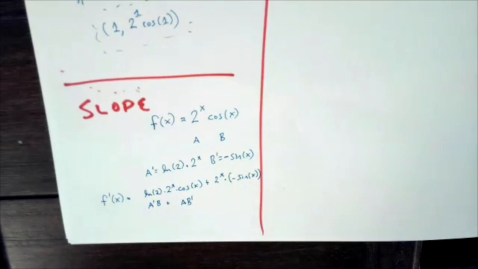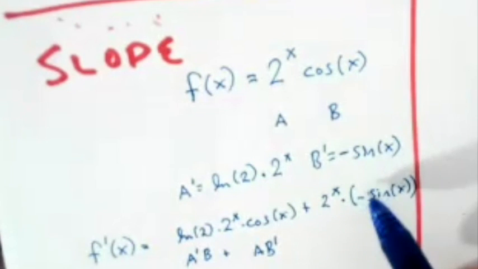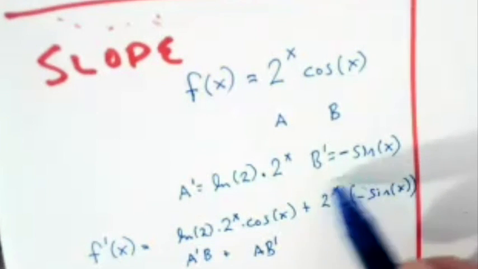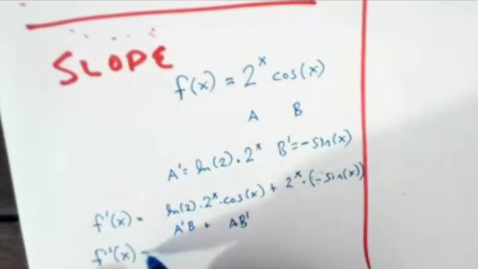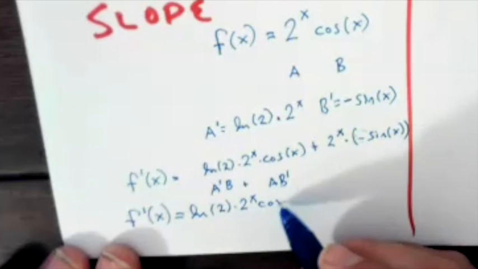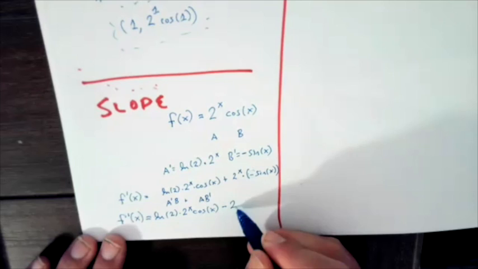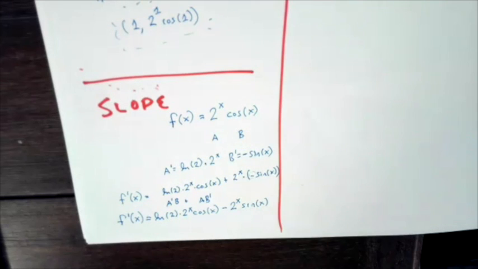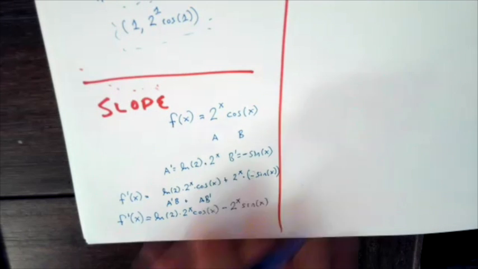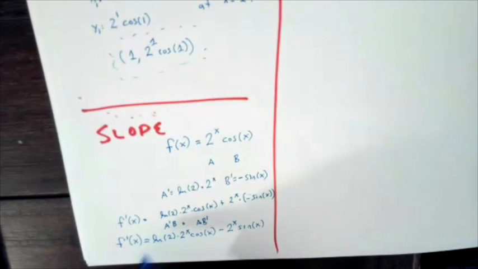Now I'm not done. I'm going to like to simplify this. I want to take this minus and pull it up here so that I have f prime of x is equal to natural log of 2 times 2 to the x cosine of x minus 2 to the x sine of x. You don't have to do that. It's not necessary, but I like it. This is the slope in general for any x value.